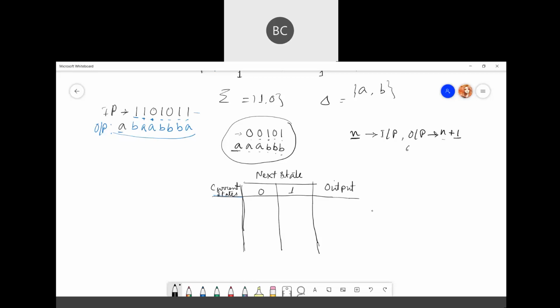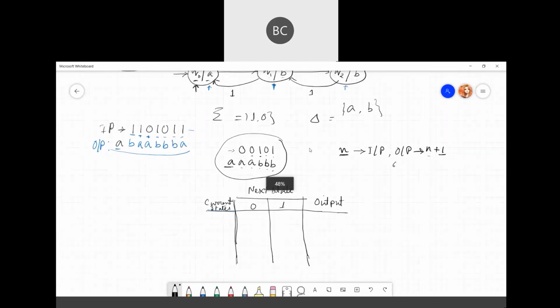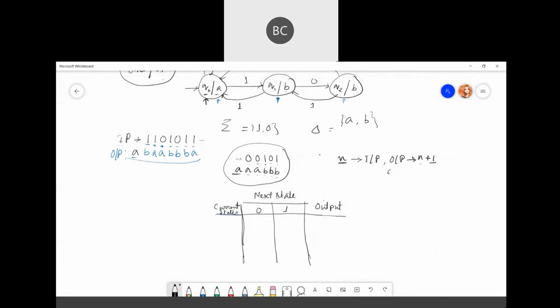So what are the current states here? How many states are there? Q0, Q1 and Q2. Just write Q0, Q1 and Q2. So for Q0, if it takes 0, what's the transition? It is coming to Q0 again. And if it takes 1, it's going to Q1.